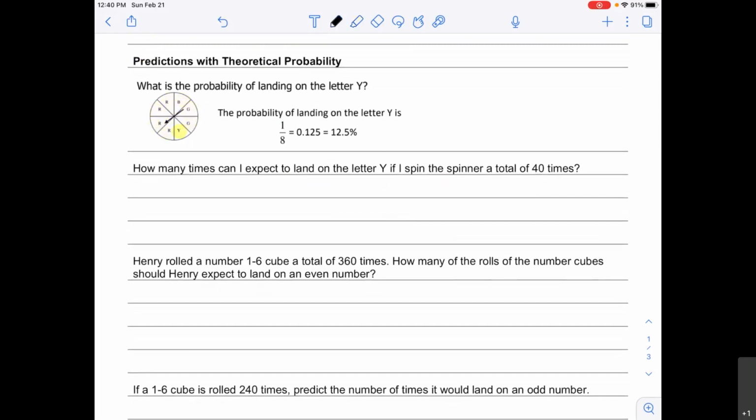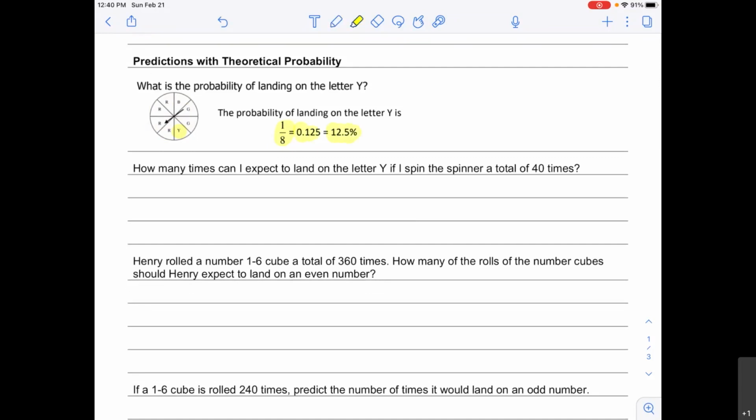So that means that my probability is 1/8, which I can also write as a decimal by doing 1 divided by 8, giving me 0.125. And I can also write that as a percent by taking my decimal and multiplying it by 100 and getting 12.5. That is the part we've already been doing.